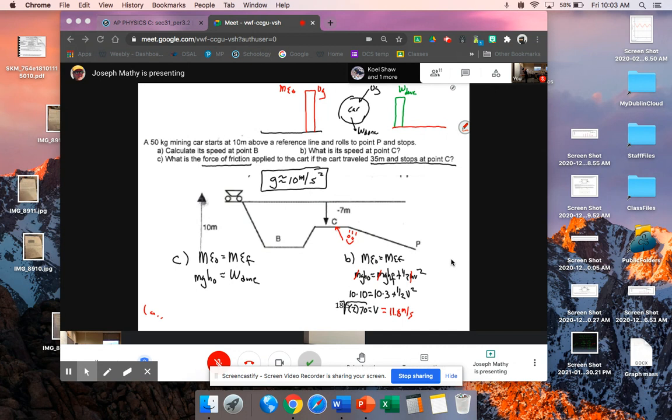That is mass times gravity times height equals force times distance. That problem is a lot easier to solve than you would think, in my opinion.